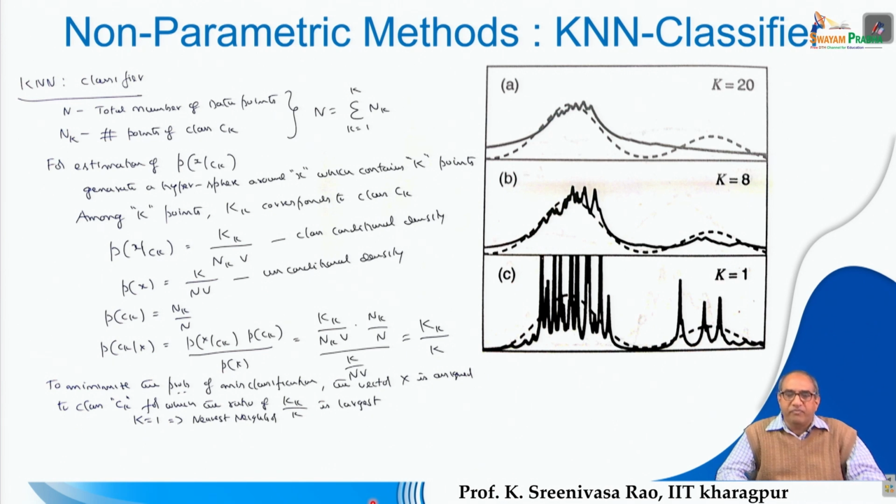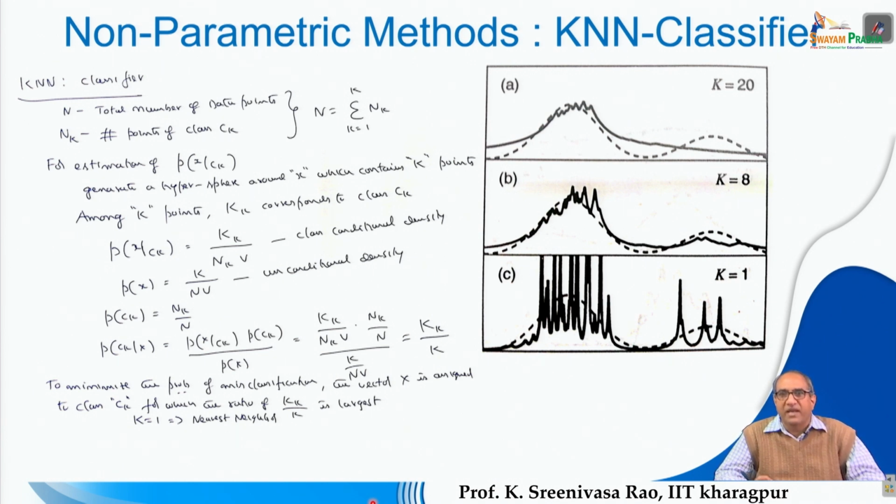The idea in non-parametric approaches is that at each data point we enclose some volume, see how many data points are available in that volume, and using the k by nV formulation we estimate the density at each data point.